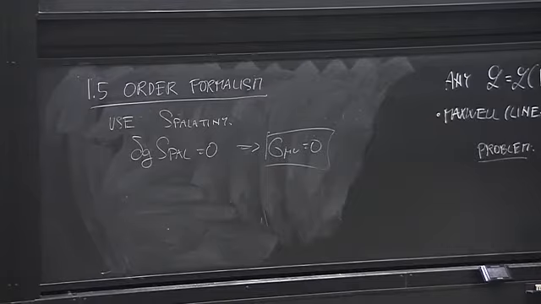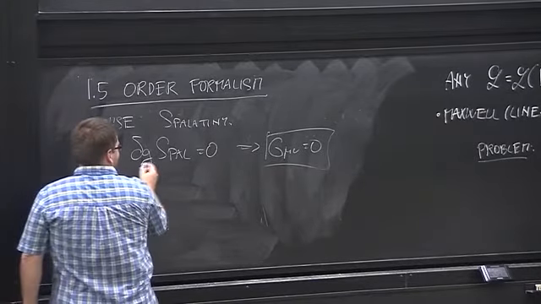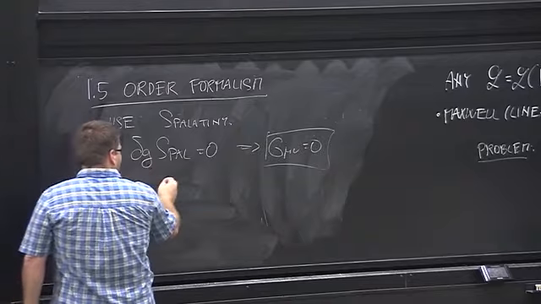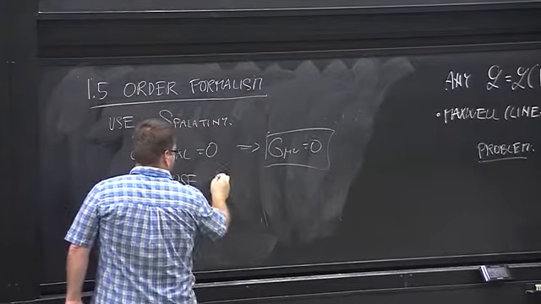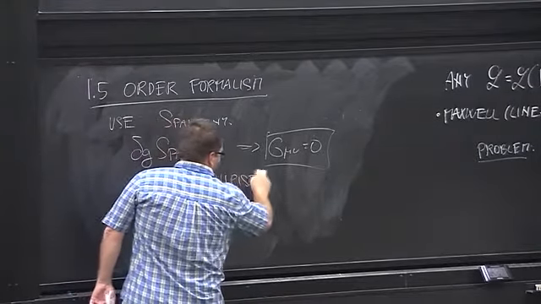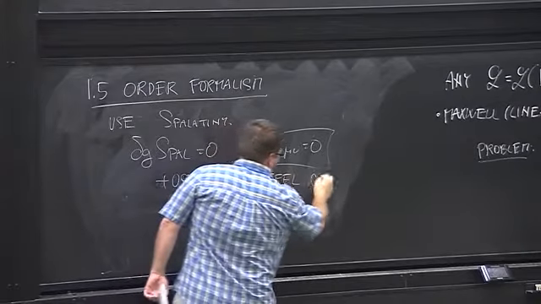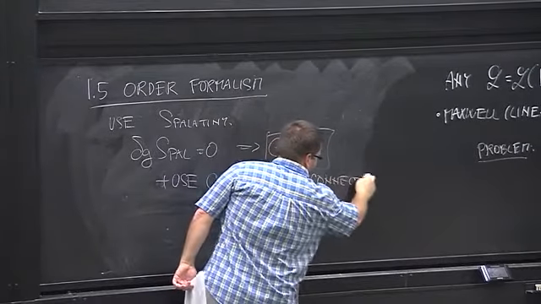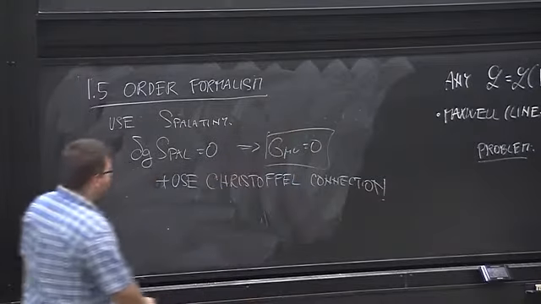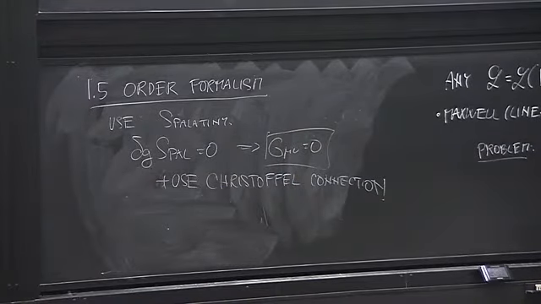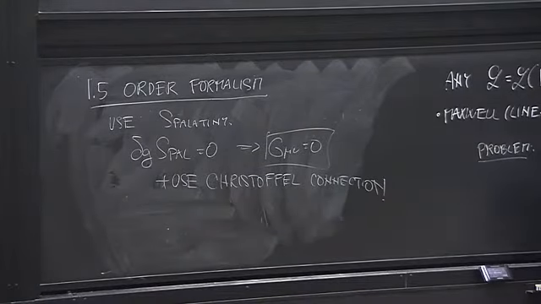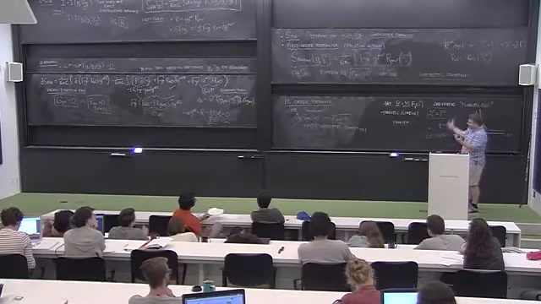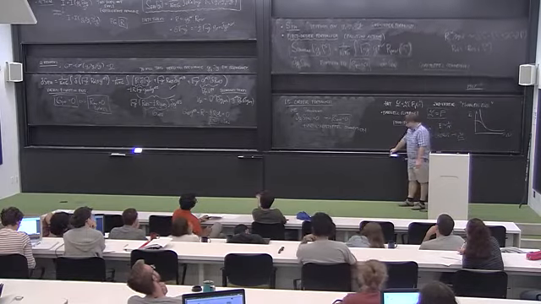So the statement is I can only do variation with respect to the metric here, and then use the fact that we use the Christoffel connection, which we know is in GR, right? So basically you don't have to do the second variation because you know the result. Okay, so that's what Gary Gibbons advised me to do. And this is a well-posed thing, right? It's the simplest thing ever you can do.